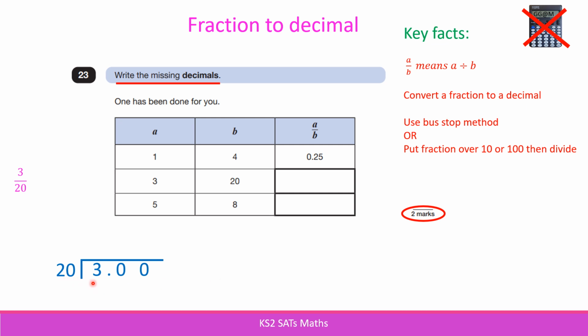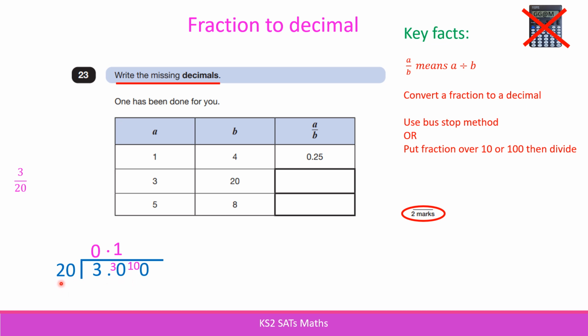So we're going to say 20 into 3 doesn't go. There's 3 left over, so it's always the same number as what you've got here on that first one being left over. So we've got the number 30. Now there's a decimal point here after the first digit, so a decimal point needs to come in your answer. So you've now got 20 into the number 30. 20 fits into 30 once, and then from 20 to get to 30 we have got 10 left over, so we've now got 20 into 100.